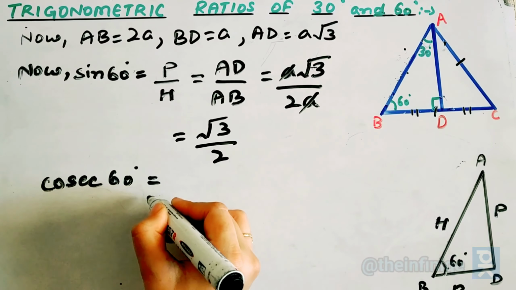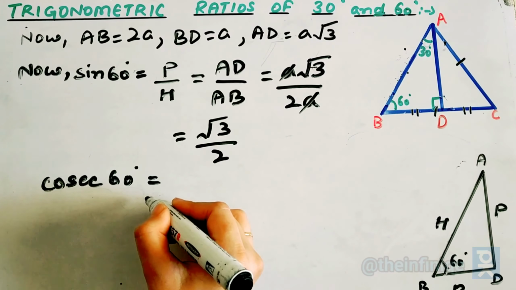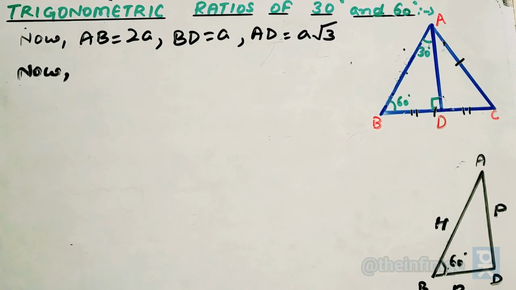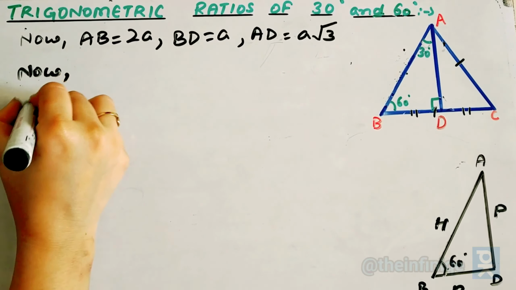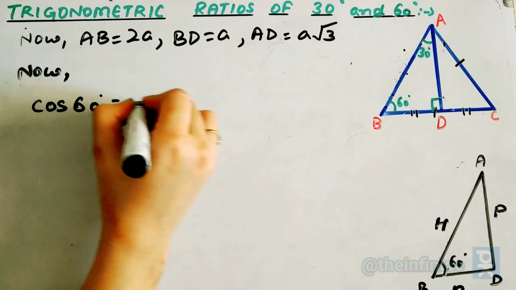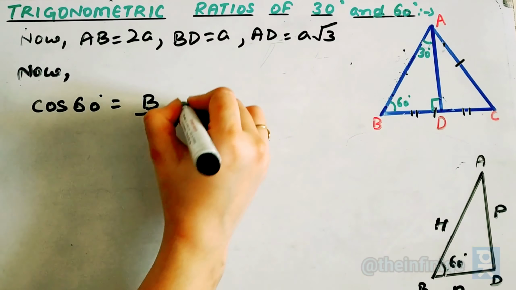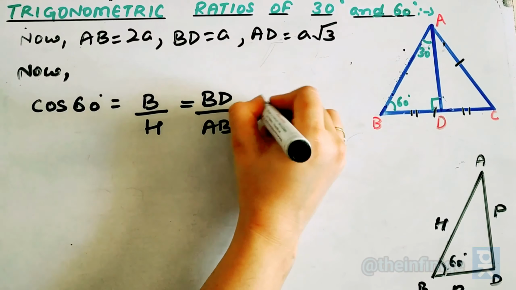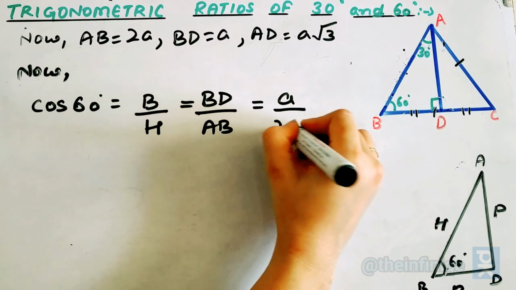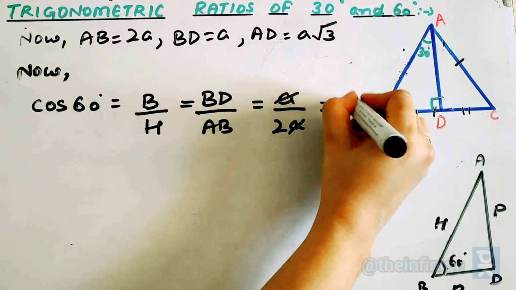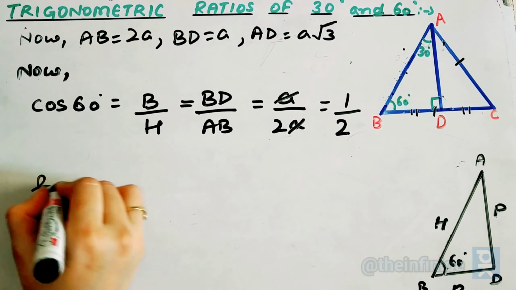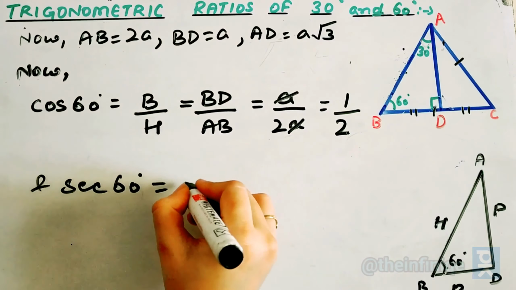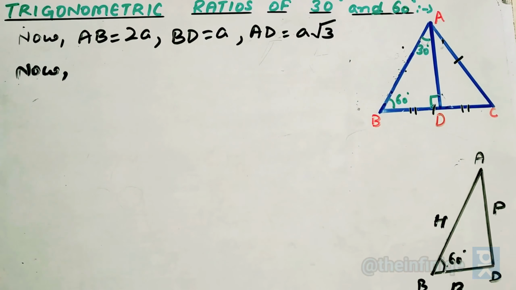And we know that cosec is reciprocal to sine, therefore cosec 60 degree is equal to 2 upon root 3. Then cos 60 degree is equal to base upon hypotenuse. Base is BD upon hypotenuse is AB. BD is a and AB is twice of a. a and a cancel, cos 60 degree is equal to 1 upon 2, and sec is reciprocal to cos, then sec 60 degree is equal to 2 by 1, that is 2.